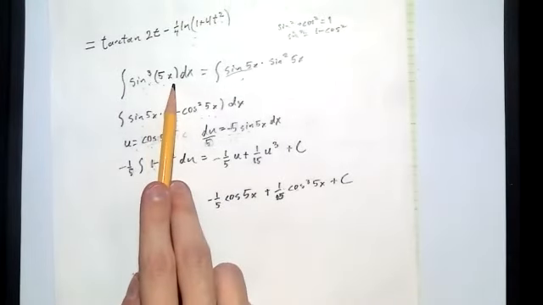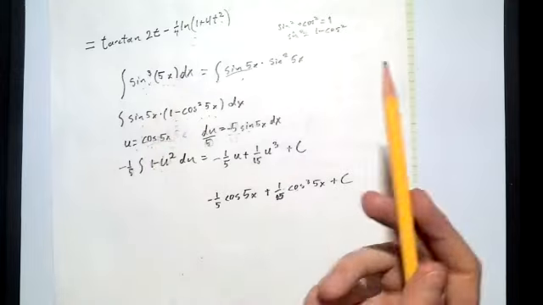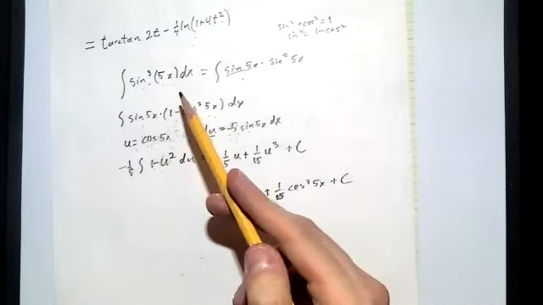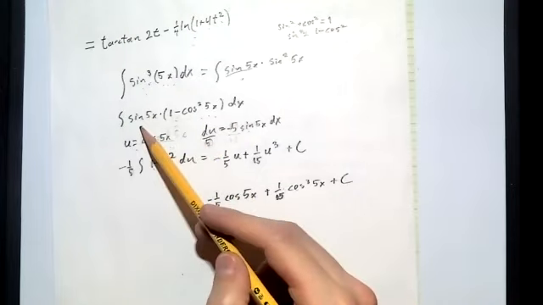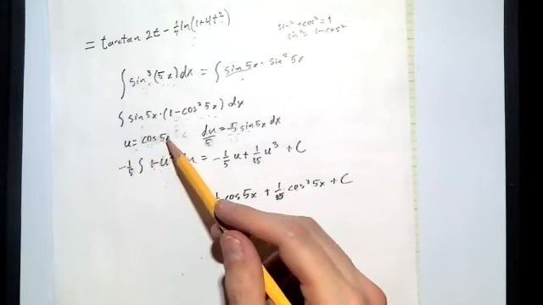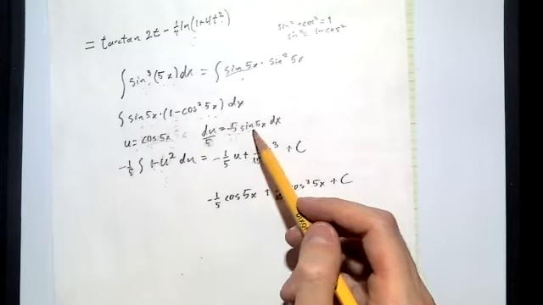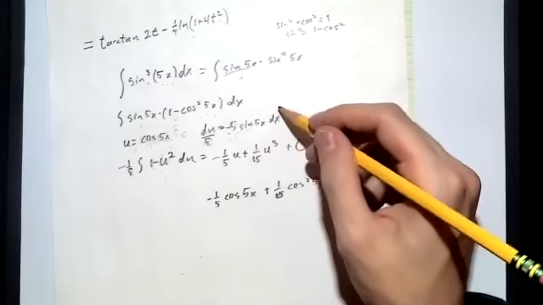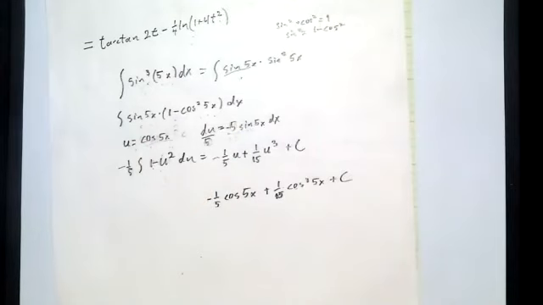Yeah, you do it right up here, change the 5x to like a W or a U, whatever you want to do. And then you go throughout all these steps still, and then your U instead would be cosine of W, and then that would just be simplified because you'd just have a dW here instead. You'd still have a 5 as a factor, yeah.